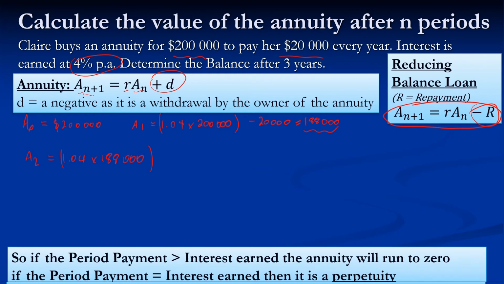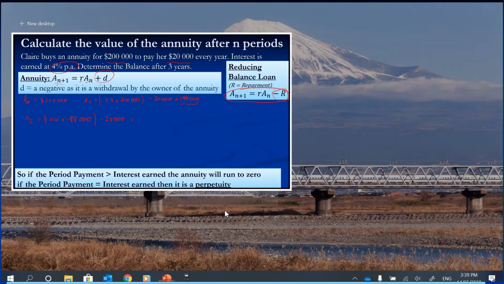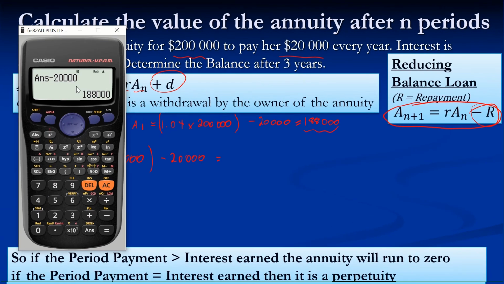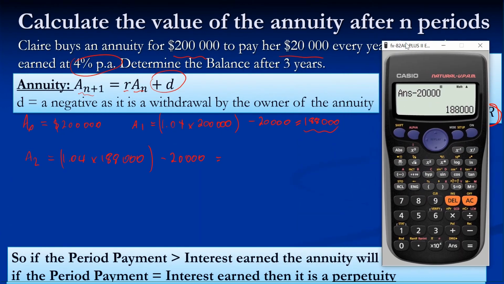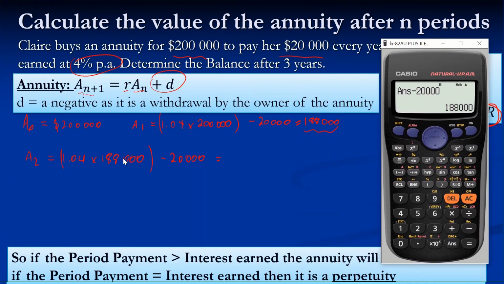It's easy enough to keep that in brackets. Then we'll take away the 20,000. When I talk about leaving that number in your calculator, all I'm going to do is multiply this by 1.04, so I know what that number equals now. Then I'm just going to take away the 20,000. So that's $175,520.